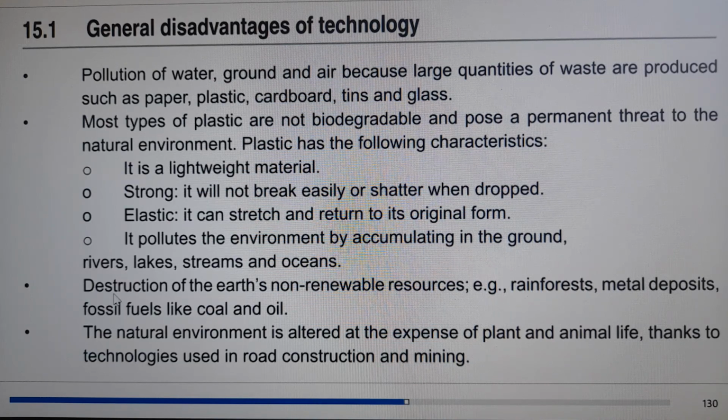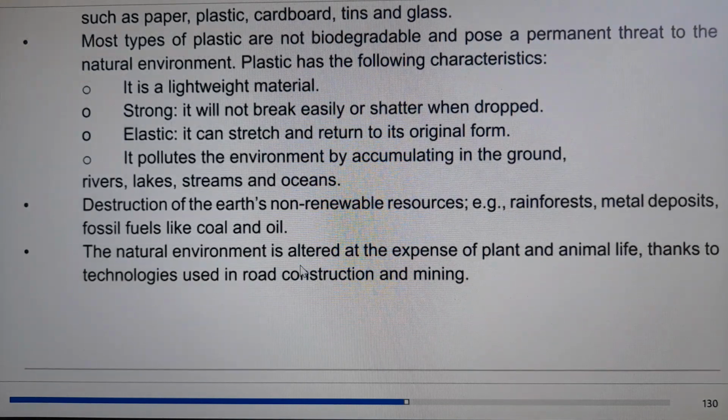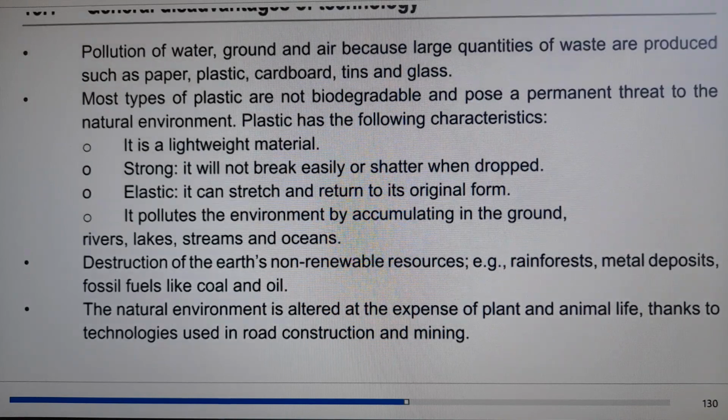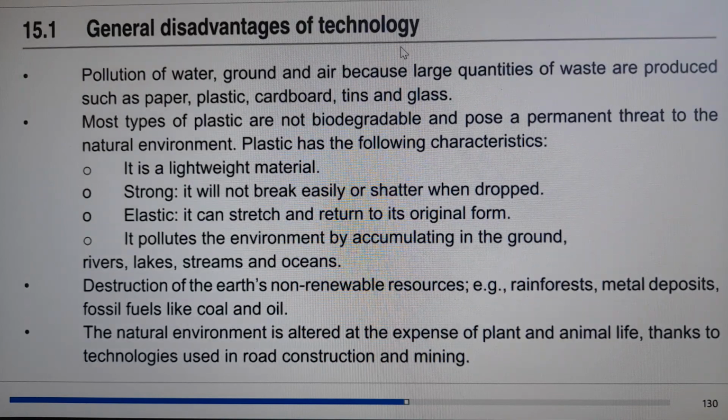That is the third disadvantage. And the fourth one, the natural environment is altered at the expense of plant and animal life, thanks to technologies used in road construction and mining. So these are the disadvantages of technology.